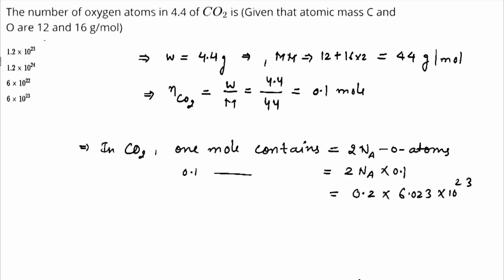Now on solving it we will get 1.2046 into 10 raised to power 23, or we can write it as 1.2 into 10 raised to power 23 oxygen atoms. So our answer would be the first option. This is our answer. Thank you so much.